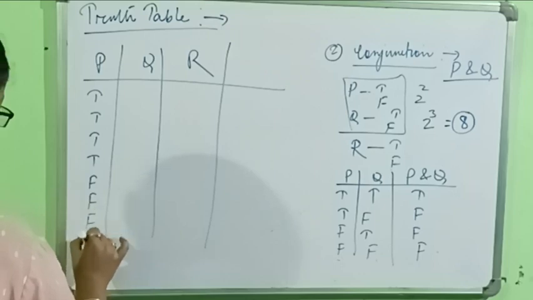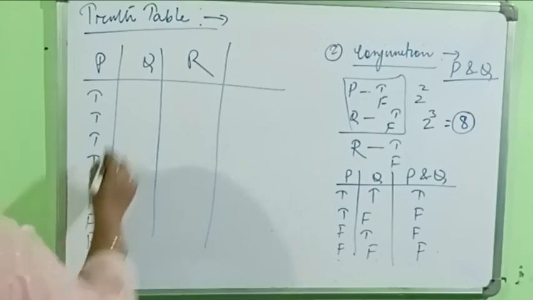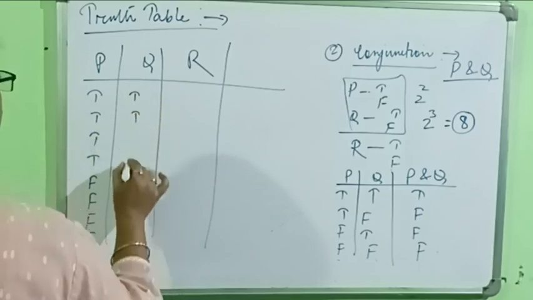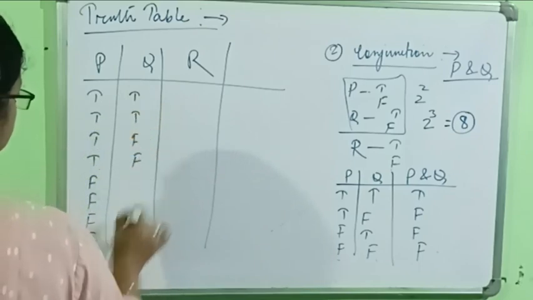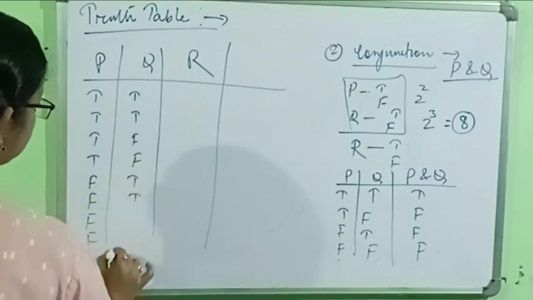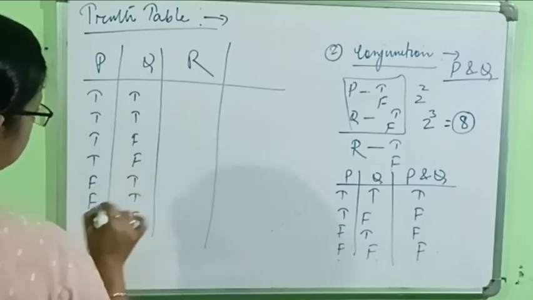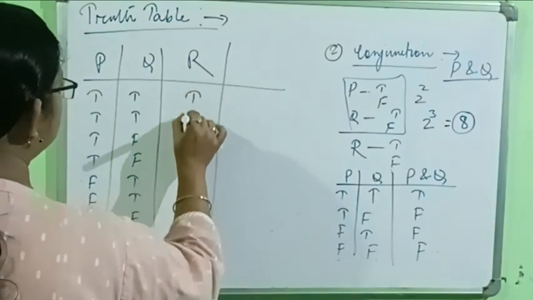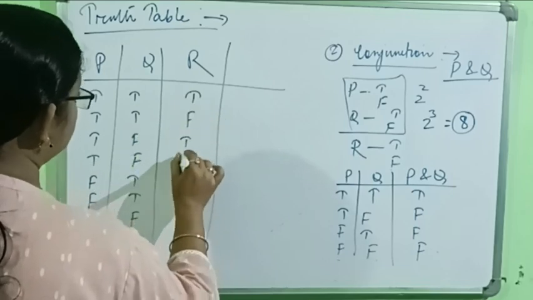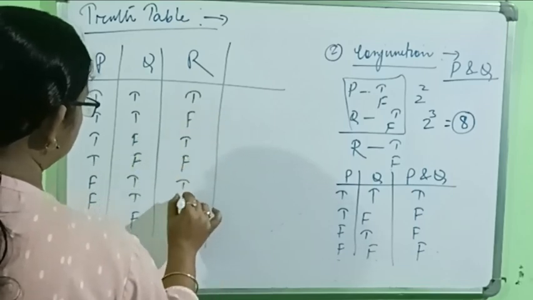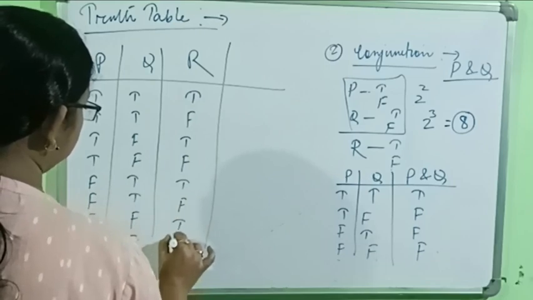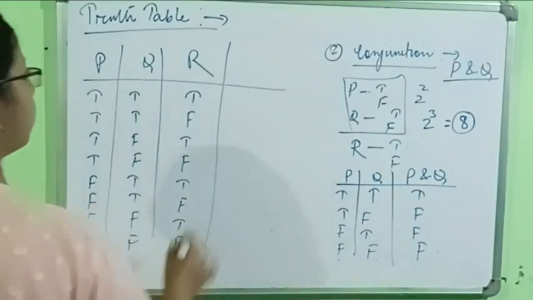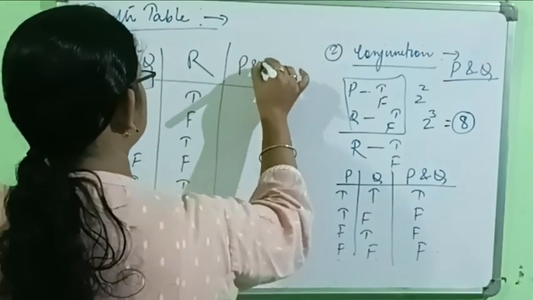Then 2 true, 2 false, 2 true, 2 false. Then here we will take true, false, true, false, true, false, true, false.